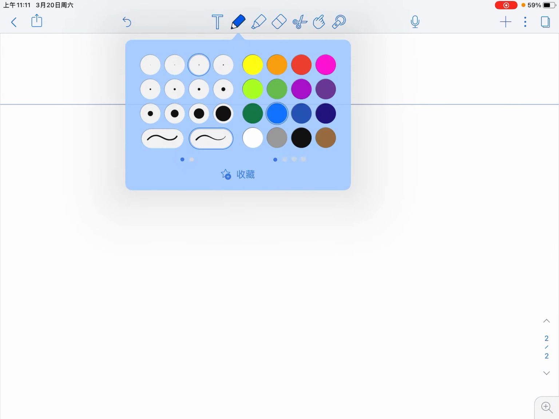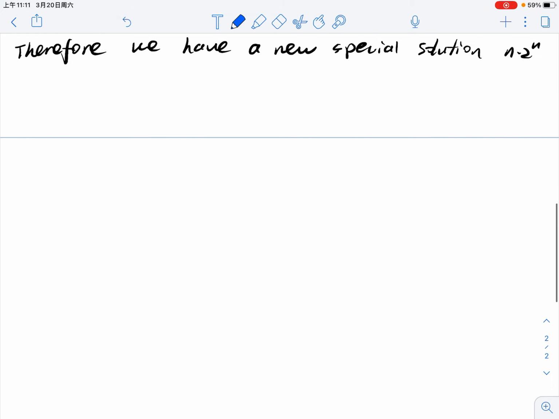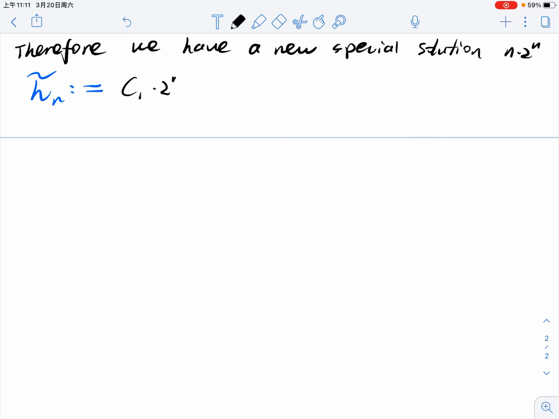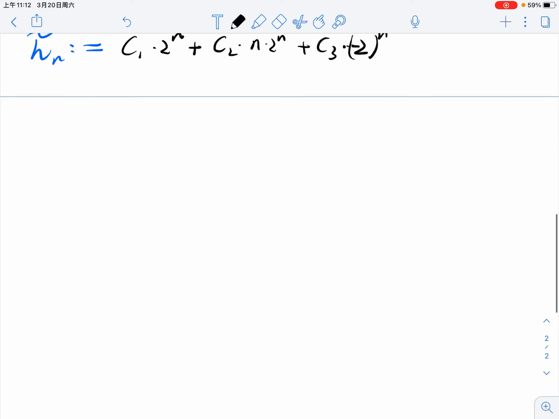Now if we set up the general solution as C1 times 2 to the nth power plus C2 times n times 2 to the nth power plus C3 times negative 2 to the nth power, then you plug into the initial data.